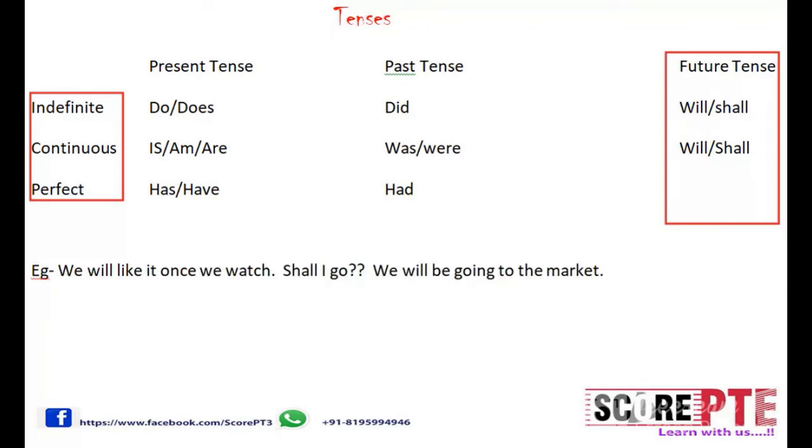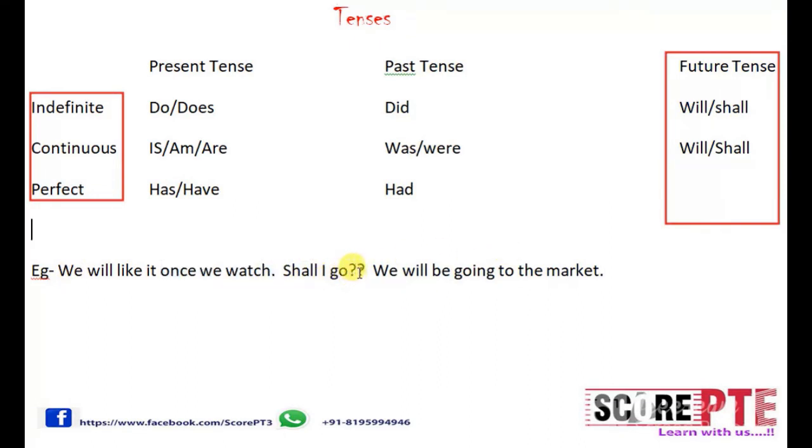The examples for will, shall that we have: We will like it once we watch. Shall I go? We will be going to the market. Now in all three sentences we have indefinite and continuous tenses. We will like it once we watch, it's indefinite tense.